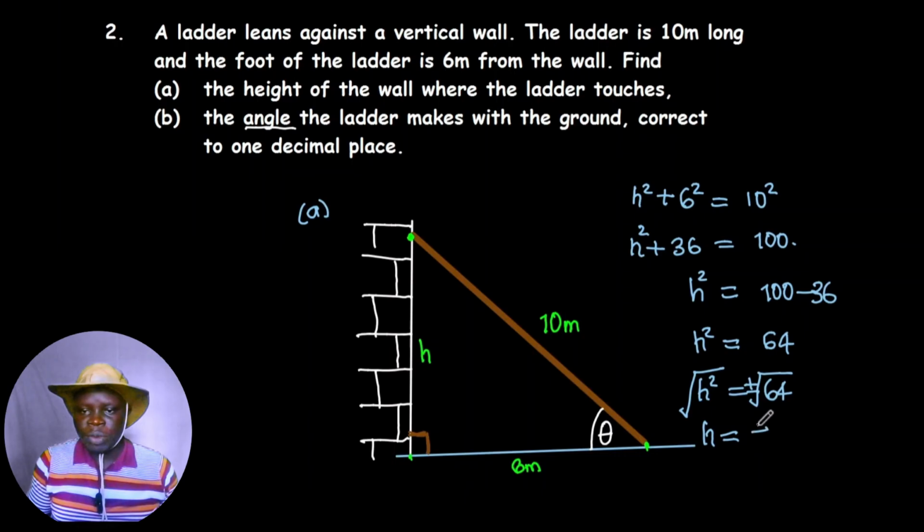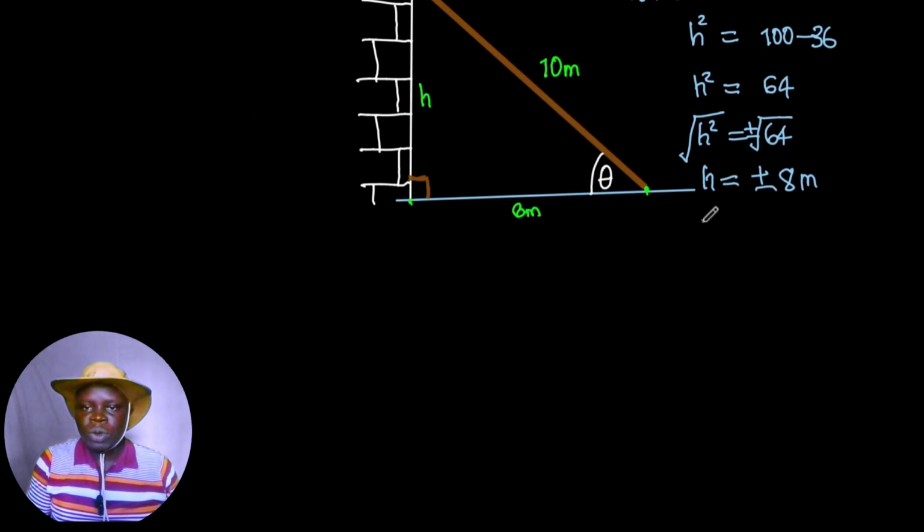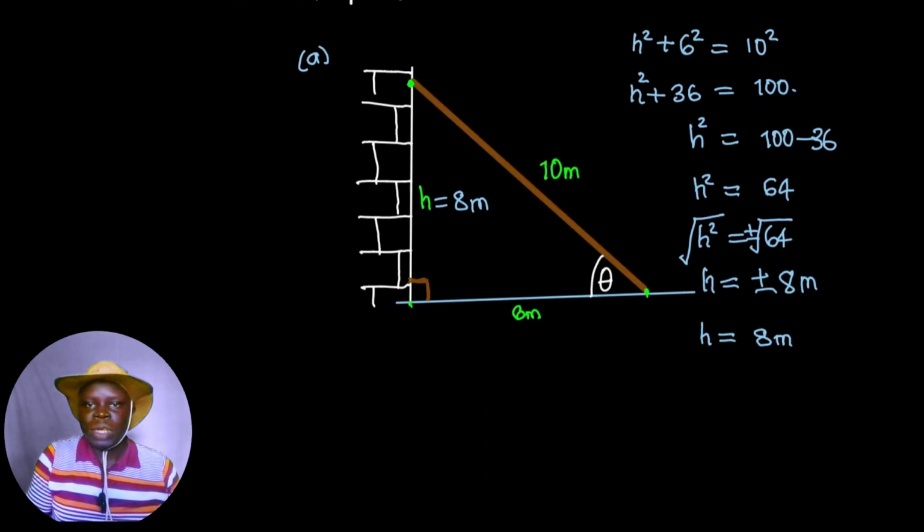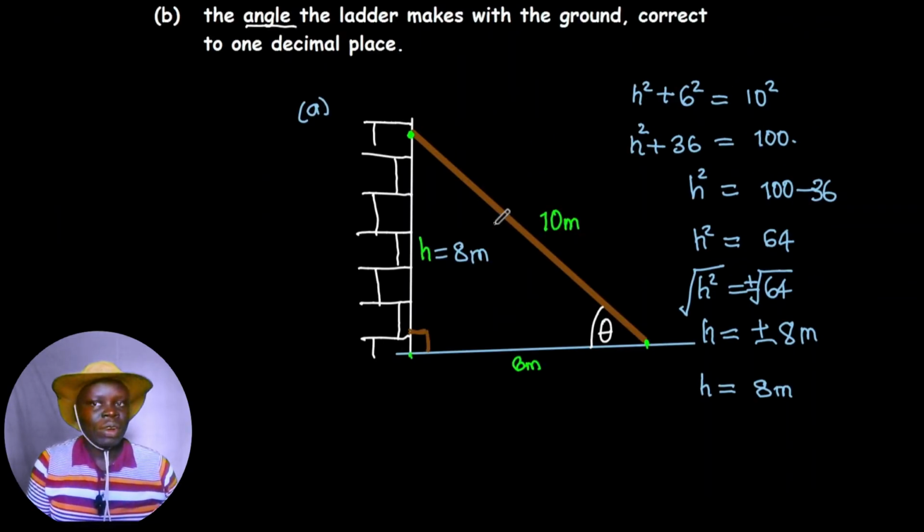Here we have both positive and negative 8, and since the unit here is meters, we write it in meters. Remember, the valid answer here is the positive one because it is just a length. So h is equivalent to 8 meters, and that is the height of the wall from the ground to where the ladder touches it. So that is how you answer part A of the question.